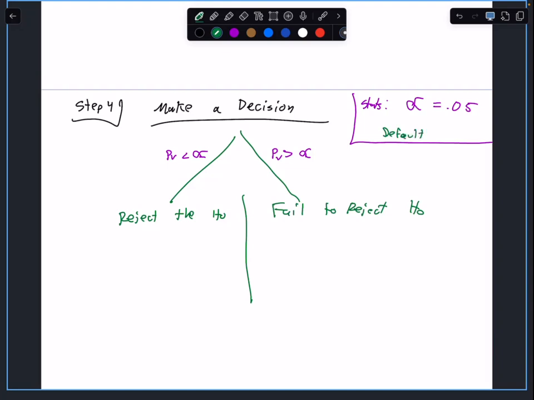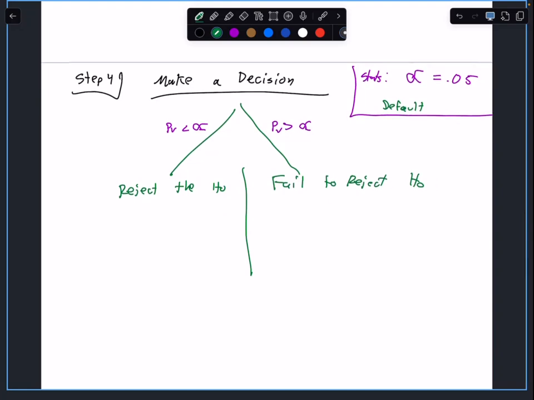Although alpha can have different levels, you can use a 10% alpha level of significance. You can use a 1% level of significance. In the pharmaceutical world, when they introduced new drugs, when COVID vaccines came out, they used an alpha level of like 0.1%. They had to be so certain that their drug worked that they had to lower their alpha level. If we had more time, I'd go more into what alpha levels mean and why you change them. I don't have the time for that in this course. So alpha is 0.05.